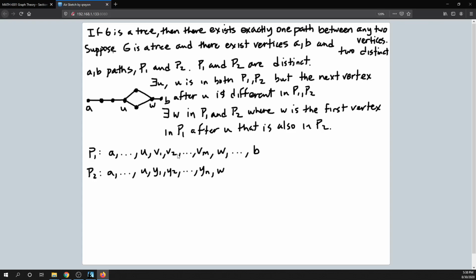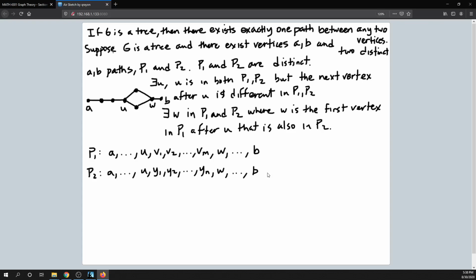They are not on P1, because otherwise W wouldn't be the first one in P1 that's not also in P2. It would be further along here. And then P2 will continue on, eventually making its way to B, okay?